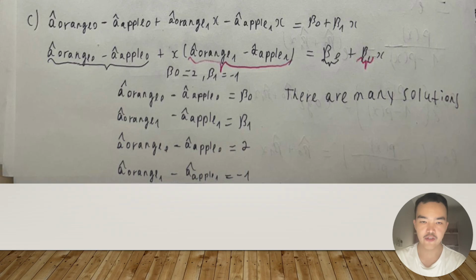And in the C problem, it is stated that in our model we have coefficients beta 0 equal to 2 and beta 1 equal to -1. The question is to find the coefficients for our friend's model.